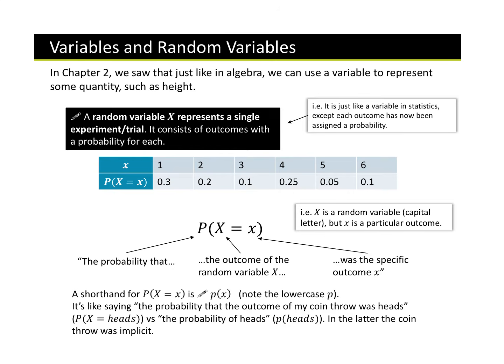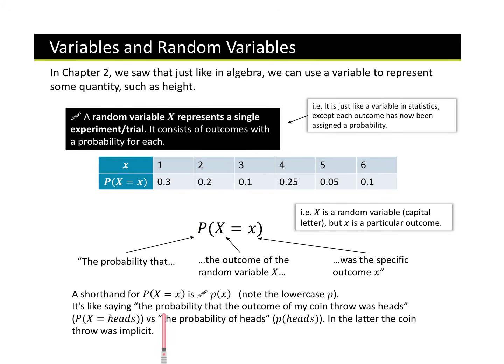A random variable X represents a single experiment or trial, and this is a capital X. The little x is the particular outcome. So this is the probability of this trial being a 1, for example.